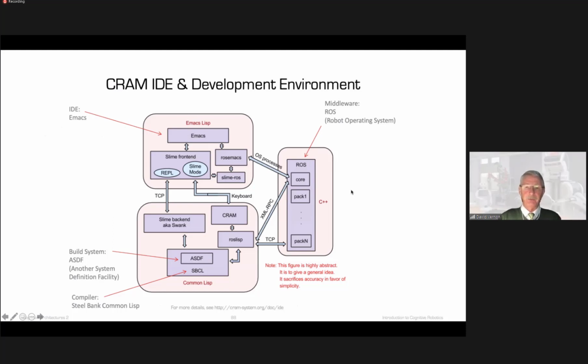She said, no, this is the simple version. But it gives you an idea of the underlying runtime environment in which CRAM is actually implemented. So it's got all of ROS. It's got a Steel Bank Common Lisp compiler. Emacs is effectively the IDE that we use.